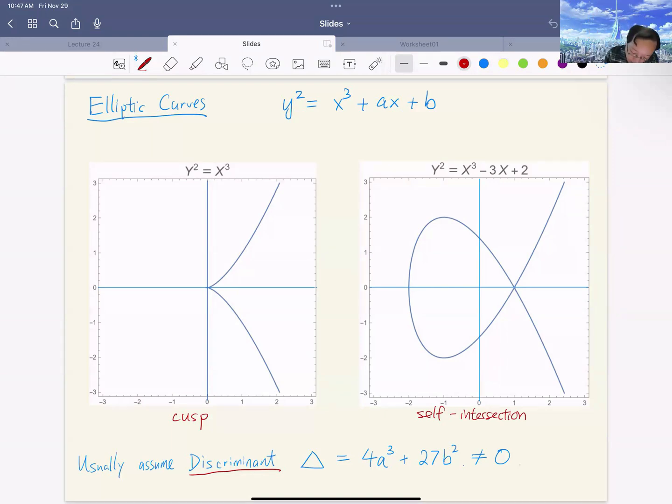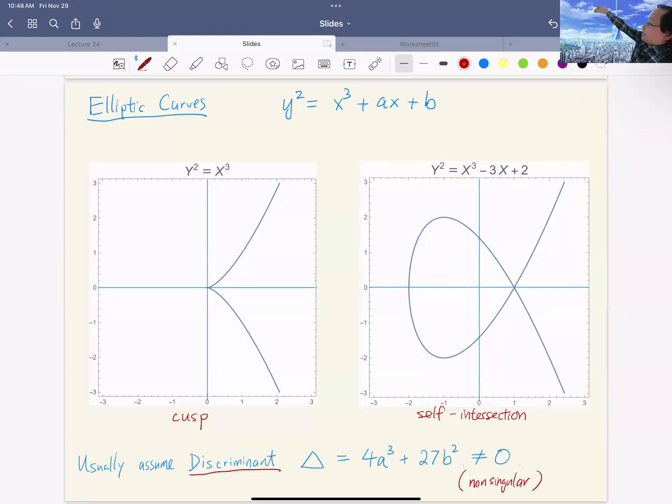So this condition means the curve is non-singular, and you can differentiate the curve everywhere. For example, for the left-hand curve, a is 0, b is 0, so of course this is 0. For the right-hand curve, a is -3, b is 2, so this is also 0, which is the bad situation. For technical reasons, we usually assume the discriminant is non-zero.